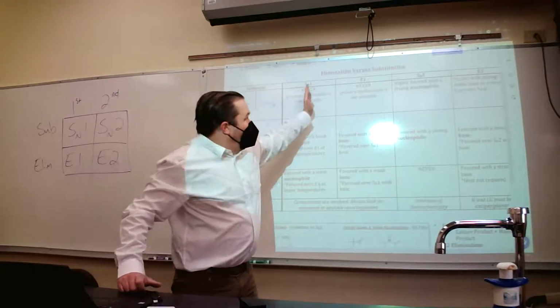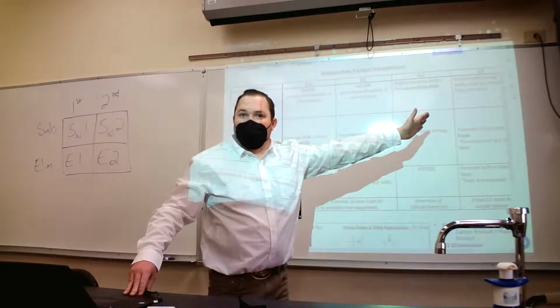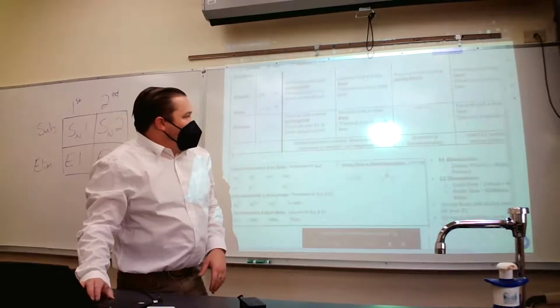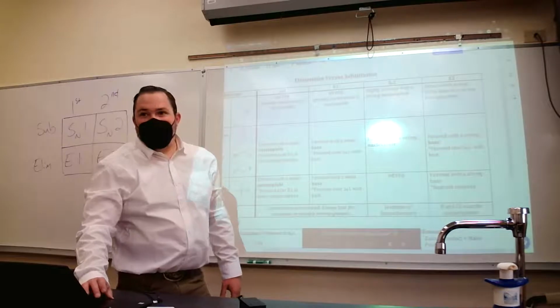It has the mechanisms as the columns rather than strong base, weak base. Right, so just another way of organizing things, and this has lots of details built into it, so this is a good one to study from.